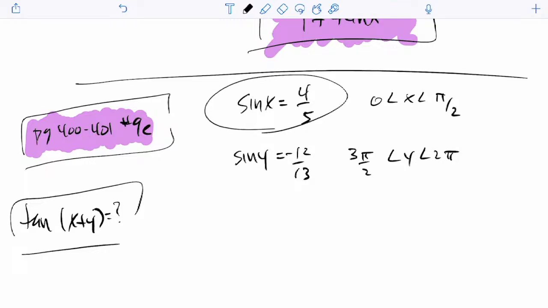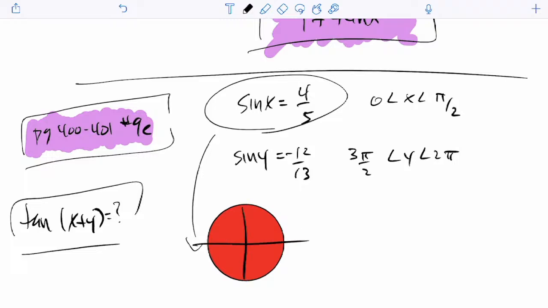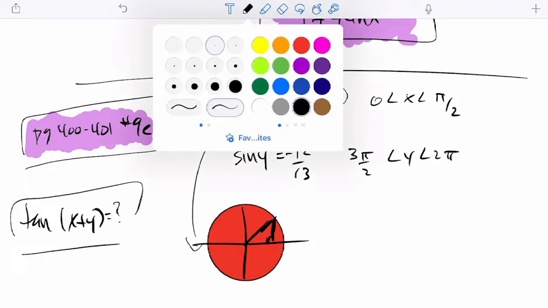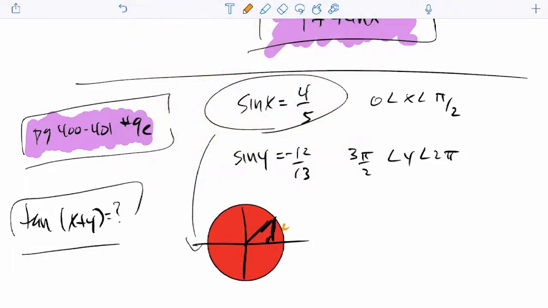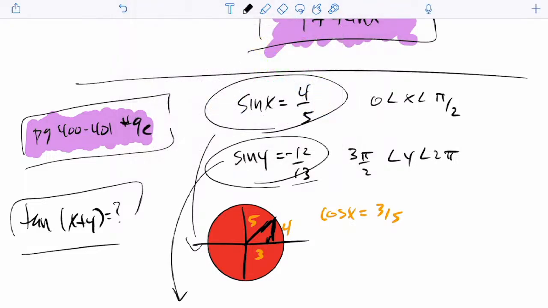So let's do our unit circle. If I do my unit circle for the first one, I know I'm in my first quadrant. They told me I'm in my first quadrant. I know that the opposite is 4, hypotenuse is 5. So that's a 3, 4, 5 triangle again. So right away, I know the cos of x is going to equal, in this case, 3/5. And I know it's positive because it's positive in that quadrant.